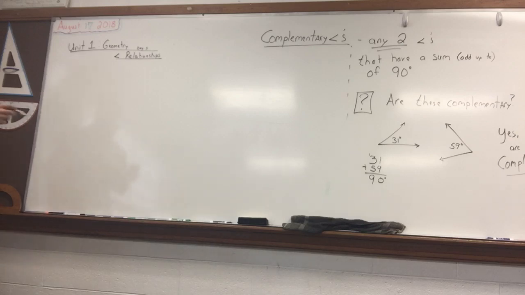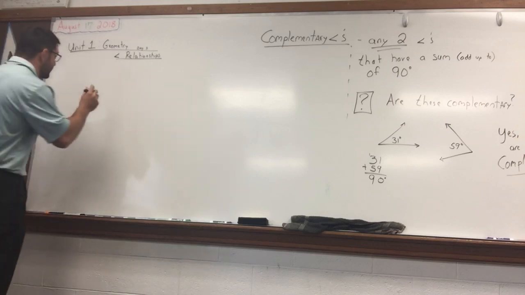Excellent. Any two angles that have a sum of, what do you think this time? What is supplementary going to be? Not subtraction. They're going to still have a sum, but it's not going to be 90. What do you think it's going to be for supplementary? 180. Very good, 180 degrees.